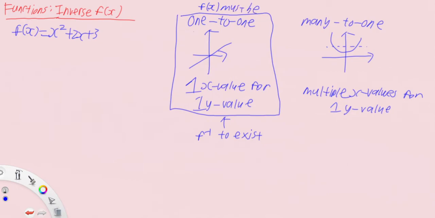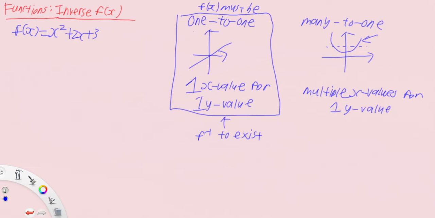Now, if you look at the graph of x squared plus 2x plus 3, it's basically above the y-axis and is a many-to-one function. Therefore, for this graph to have an inverse, we must limit the graph. Let's say we limit it to the left of the turning point, or only to the right of the turning point.